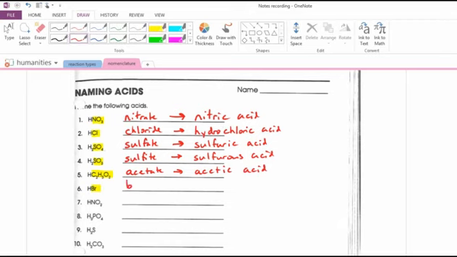Br is bromide. So an IDE gets the hydro at the front, and the IDE changed to IC, and we add the word acid. NO2 is nitrite. We change the ITE to OUS and add the word acid.